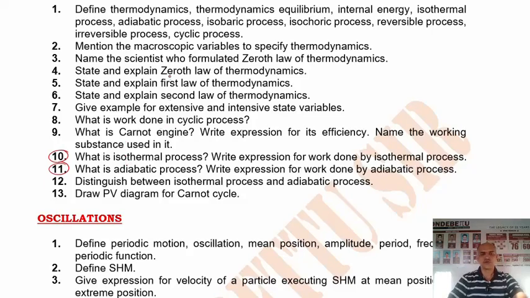Now zeroth law of thermodynamics, first law, second law. Then what is a Carnot engine, expression for its efficiency, and name the substance used. This is asked in the model question paper, that is ninth. Even go through the PV diagram for the Carnot cycle in thermodynamics.